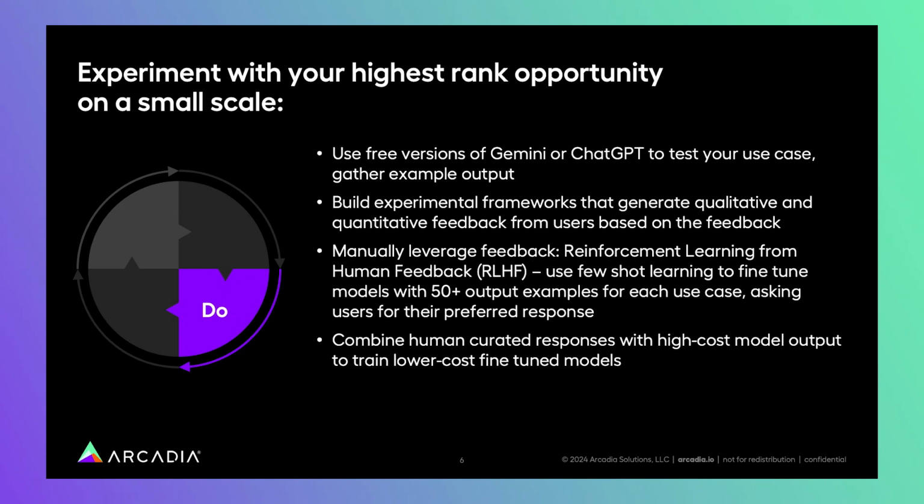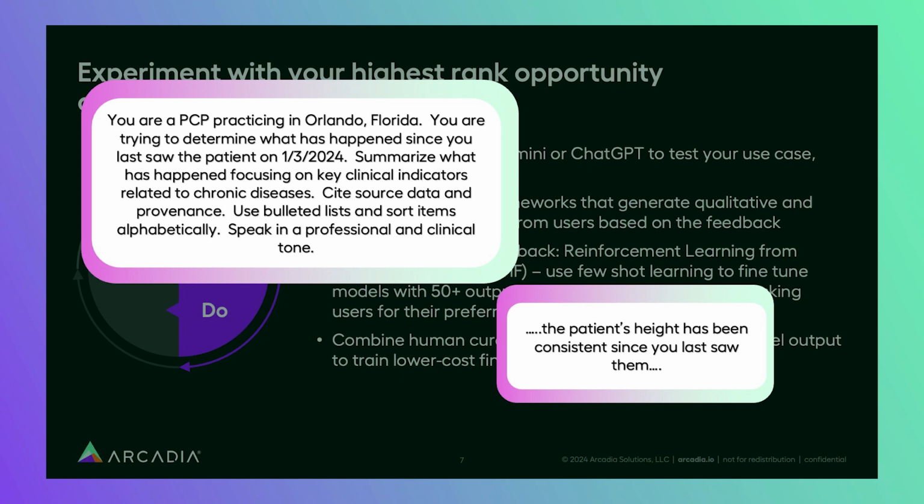Now, what that looks like, you may drive a human prompt or response with some chart data, some patient information data that's de-identified. Here we're saying, hey, you're a doctor, you're a PCP in Orlando, you're trying to determine what's happened to the patient since a certain date. One thing that's important to note here and think about with prompt engineering is how you can inject a little bit of structured data into that prompt to give it even more contextual information, even more powerful information, so that it can drive to a much more narrow result.